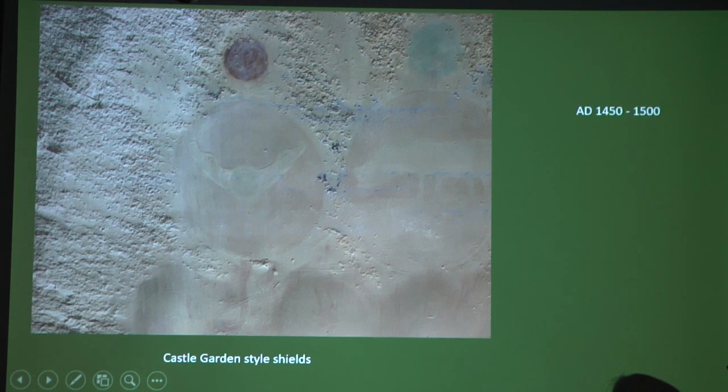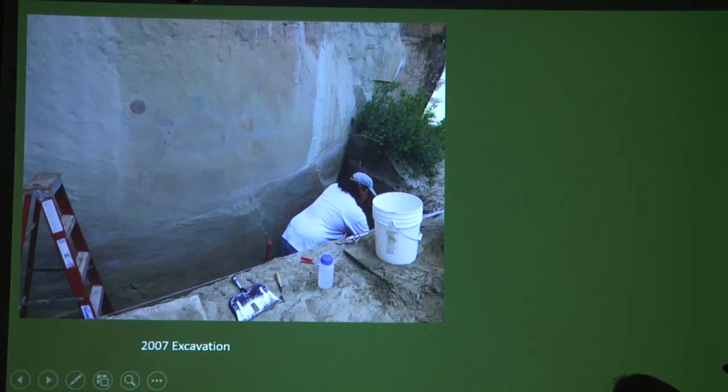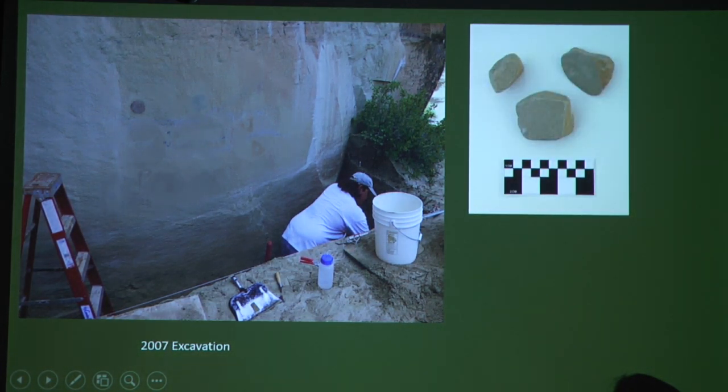Now, how do I know that we date them at that age? I know that because we did an excavation at this panel with these shield figures that I just showed you. In that excavation, at the base of that, we found these abrading stones as well as a bunch of other artifacts, so you can see these are the stones that were used to abrade that surface.